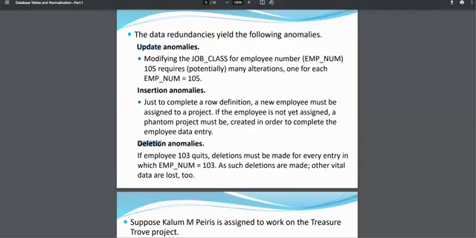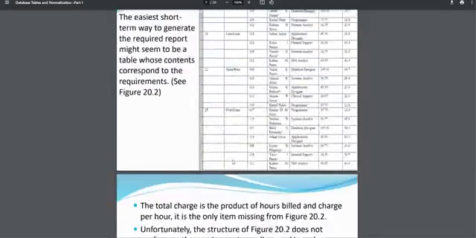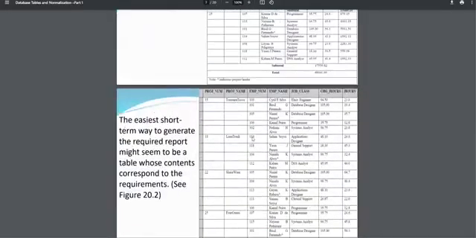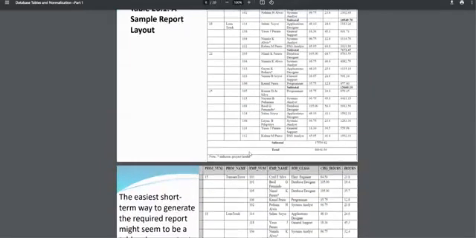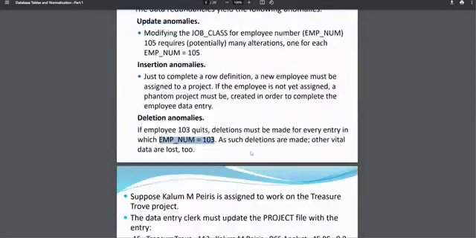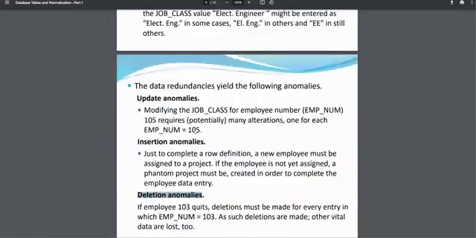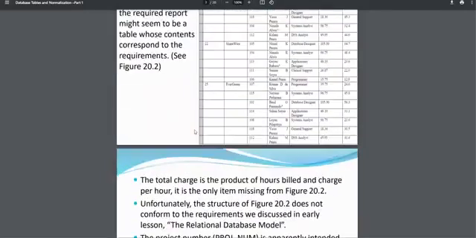If someone tries to delete a record related to employee number 103, that is not a unique one. If there are many records related to employee number 103, then all those records would be affected. That's why we can consider it as deletion anomalies, occurring when the data is not formalized.